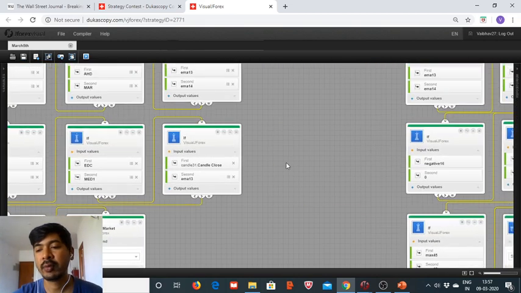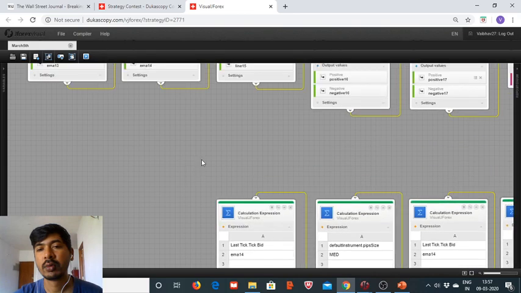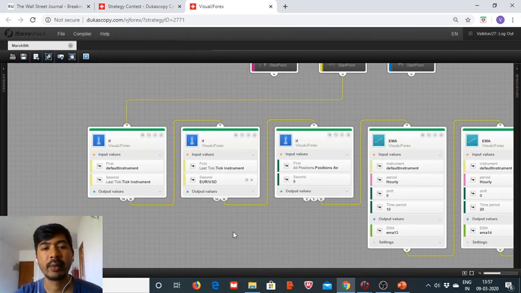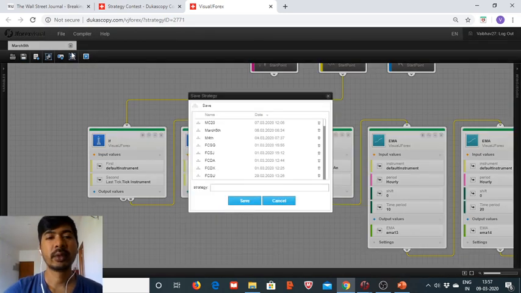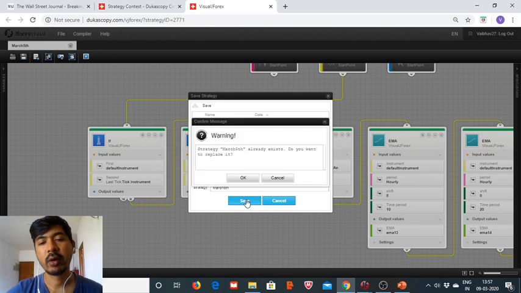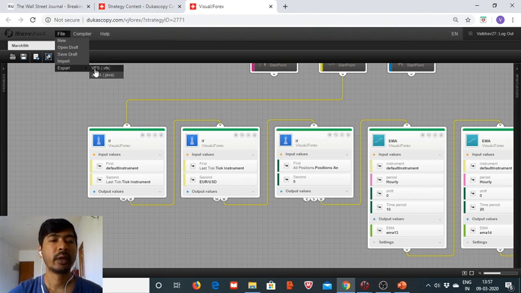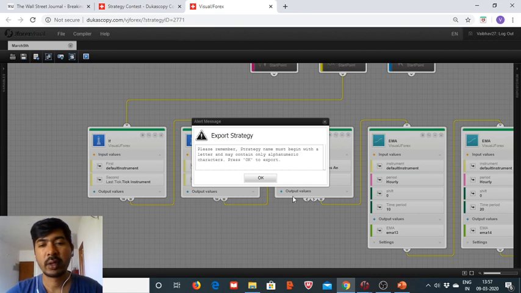So let's save this file and we will export it to the JForex platform, and there we will try to do some test runs. Let's save it, save the draft with the name March 5th, as we started working on this one on the 5th March. Okay, now we will export it to the algorithm folder.